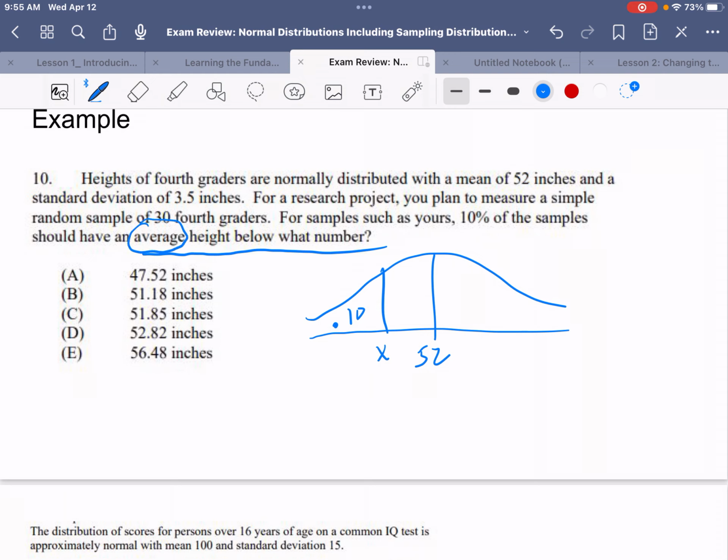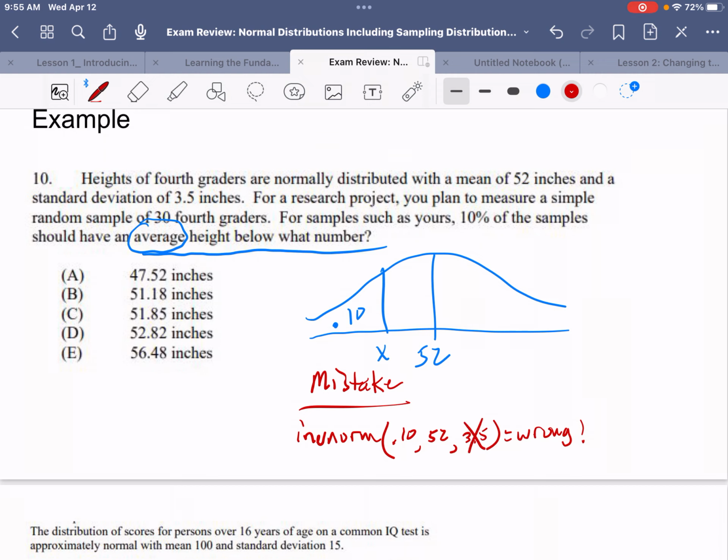So here's the mistake that somebody's going to make. They're going to do inverse norm 0.10 comma 52 comma 3.5, and they're not going to realize they're wrong, because it's wrong to put the 3.5 right there.